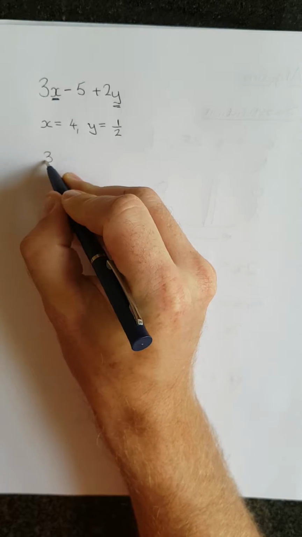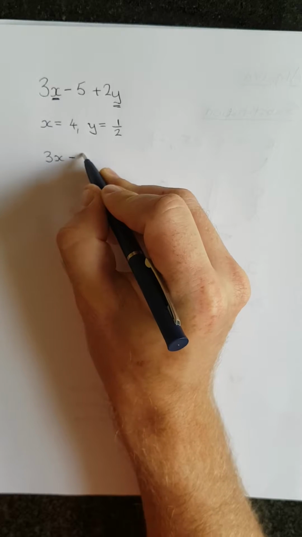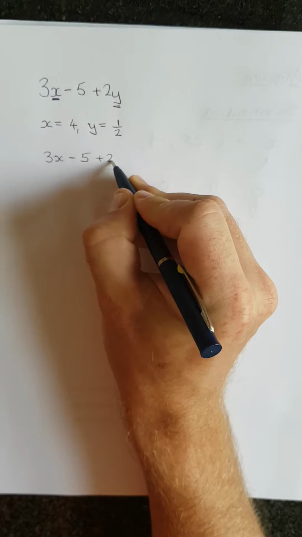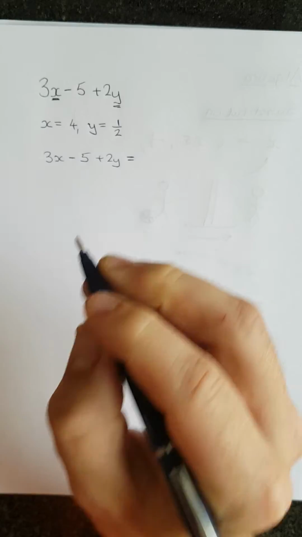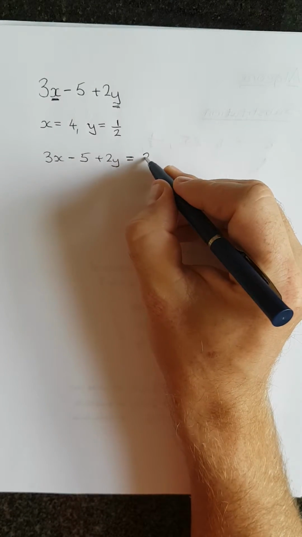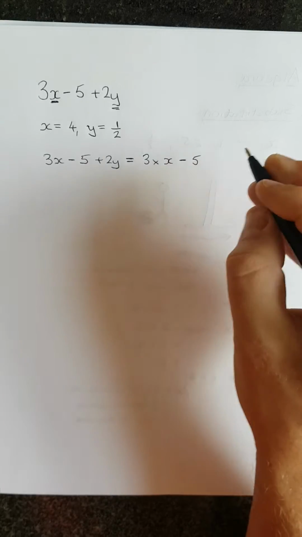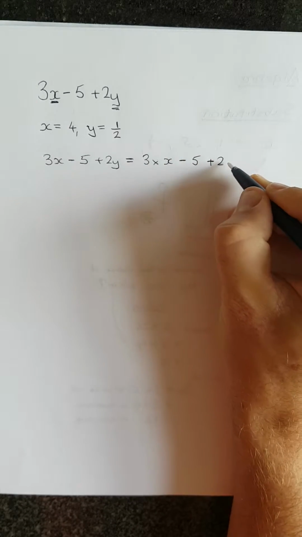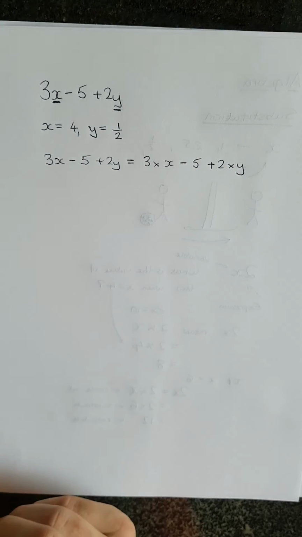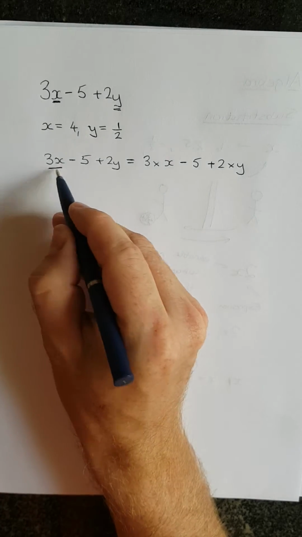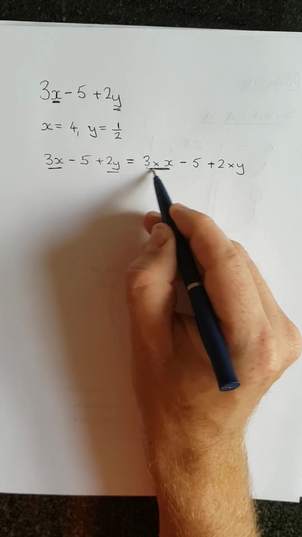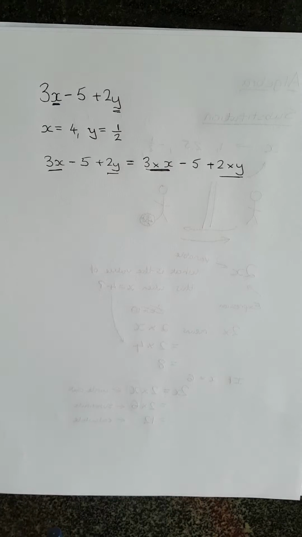So, 3x minus 5 plus 2y equals 3 times x, take away 5, plus 2 times y. So these two terms have been written out longhand to remind ourselves. That was stage 1. Okay.